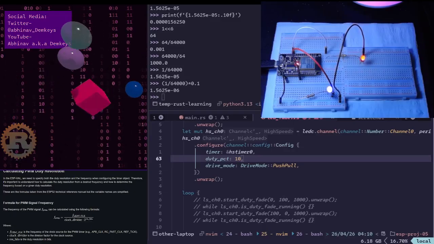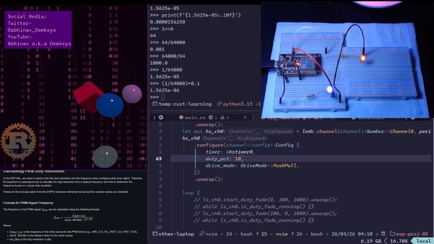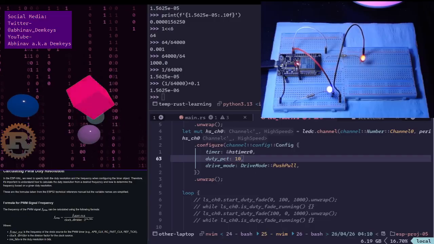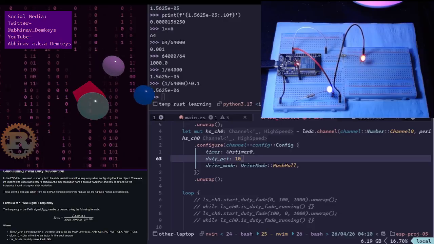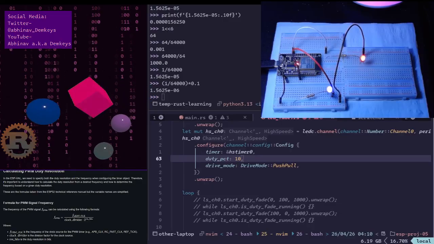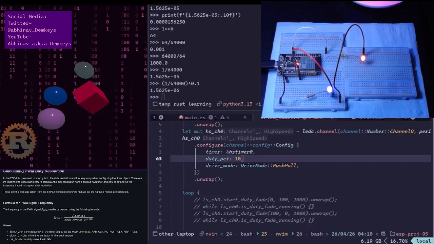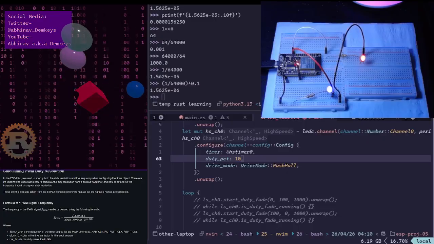What are we trying to look at here? A ratio or percentage of that period. If you have a 10% duty cycle, the signal is high for 10% of the time and low for the remaining 90%.